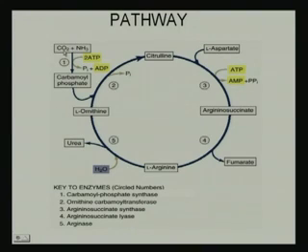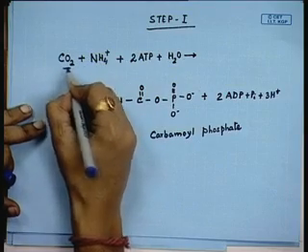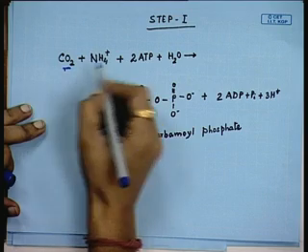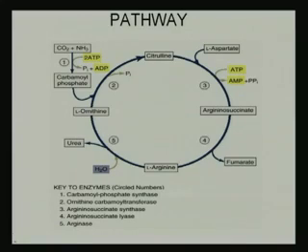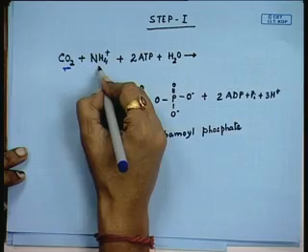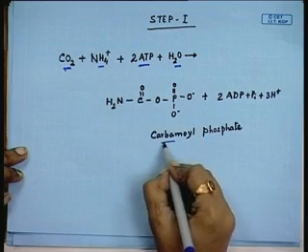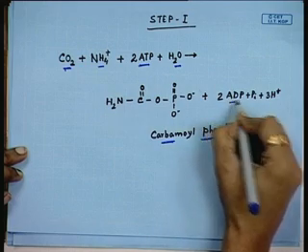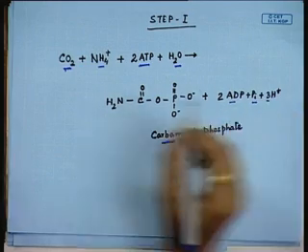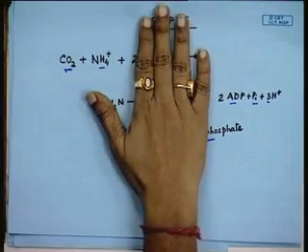See here, carbon dioxide, donating bicarbonate, and ammonia in the form of ammonium ion, with two molecules of ATP and one water molecule, yield carbamyl phosphate along with the production of 2 ADP, Pi and 3 hydrogen ions. So, this is the first step of the urea cycle.